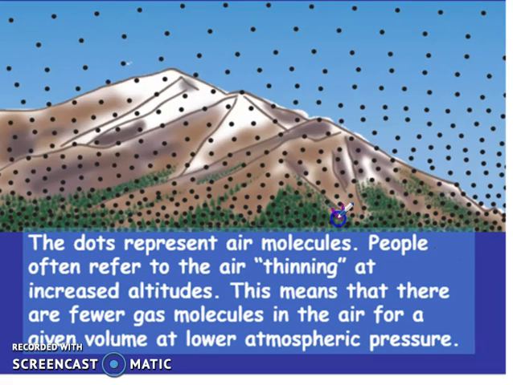So there's a lot of collisions happening with the surface because there's a lot of particles here. As you go higher and higher, there's more and more space between particles. So the pressure lowers because there's just less and less collisions happening with the surface at the top of the mountain than there is at the surface at the bottom of the mountain.